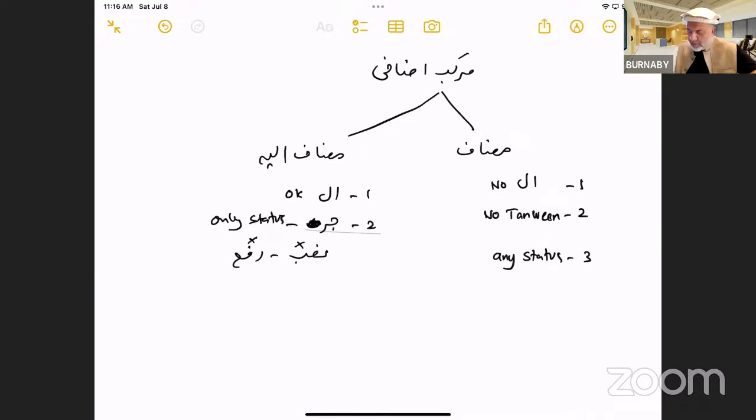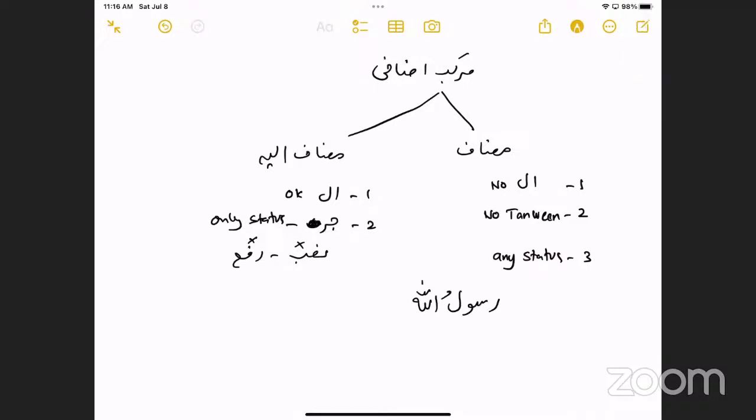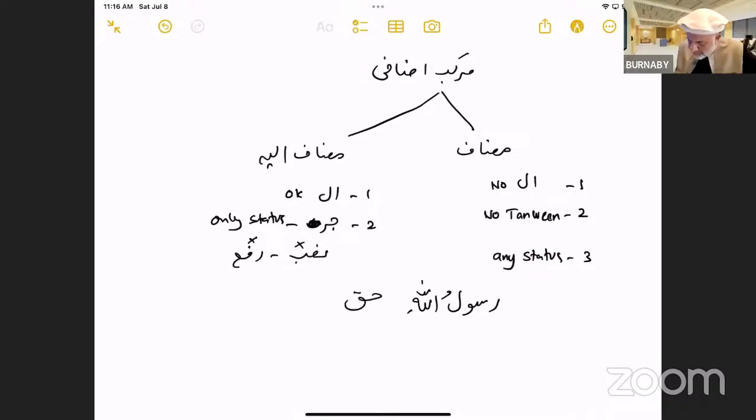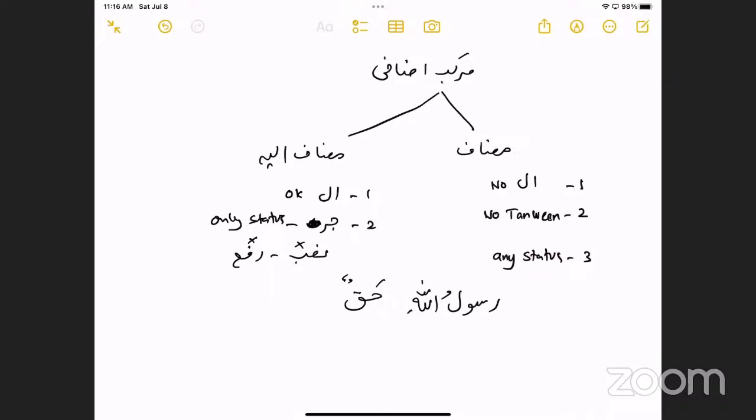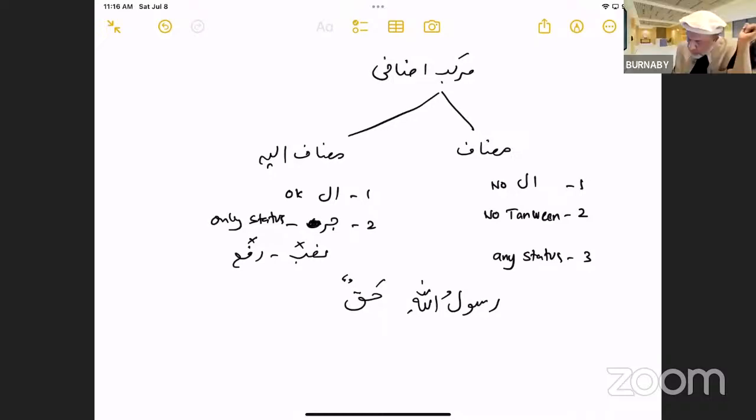So if I say Rasulullahi haqqun, what did I say? I said Allah's messenger is truth, right? What is the translation first of all?